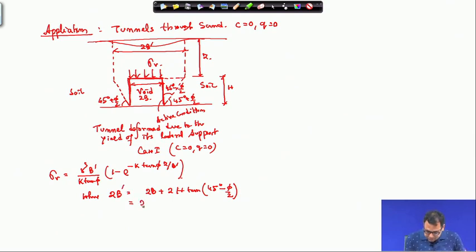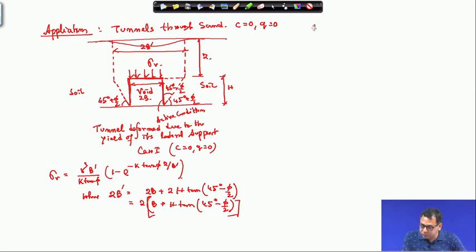Twice b dash is 2 into (b plus h tan(45 degree minus phi by 2)). So this is the application. Now if these values are given and it is said that you determine the stress acting on the top of the tunnel, then you use this expression and determine the stress acting on the tunnel.